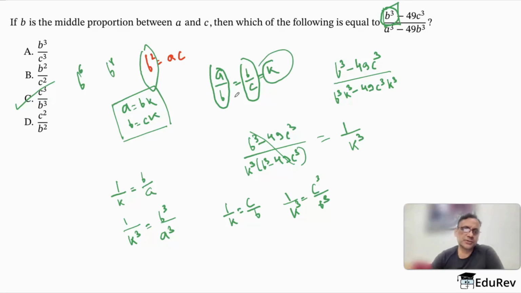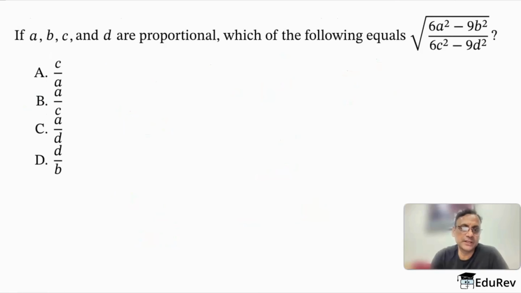So I hope you have understood this approach, and when you need to change your approach, you need to see, okay, this is not working out, this is getting more complicated. Let me switch, let me move to another method of attempting this. Fine. Let's look at this. And here we have a root now. So if A, B, C, D are in proportion, first, second, third, fourth proportion, so this is not continued proportion, then which of the following is equal to 6a square minus 9b square upon 6c square minus 9d square?